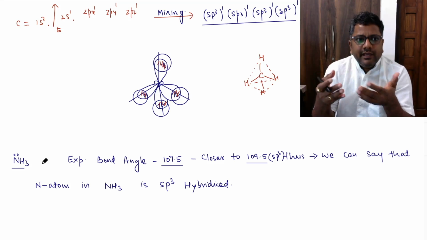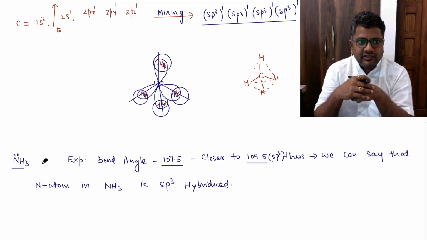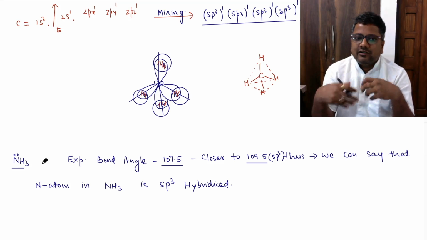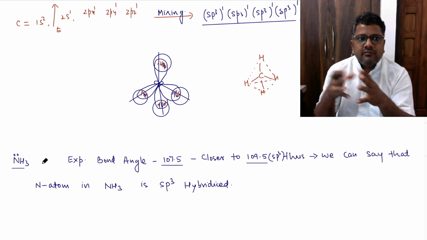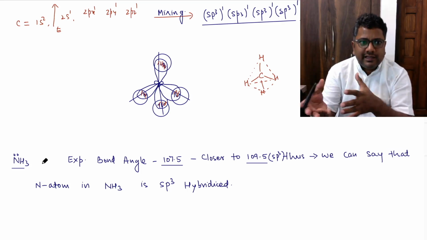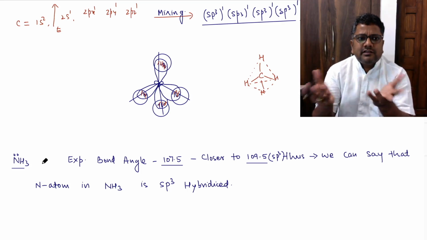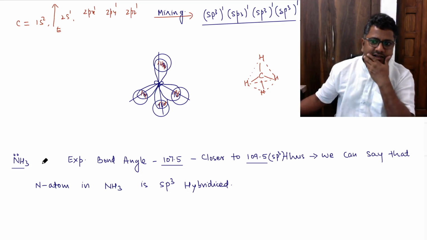So this is the way to explain the hybridization. If the bond angle is not exactly equal to the standard bond angle, it is nearer to that. So you can say, okay, this atom may have this hybridization, right?